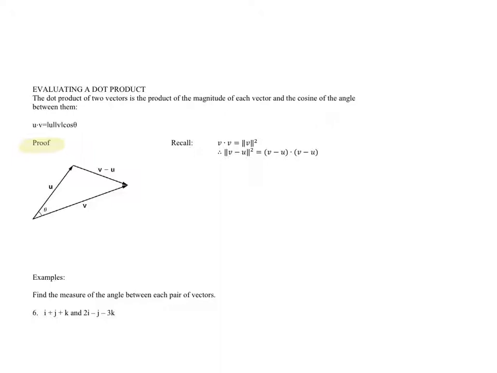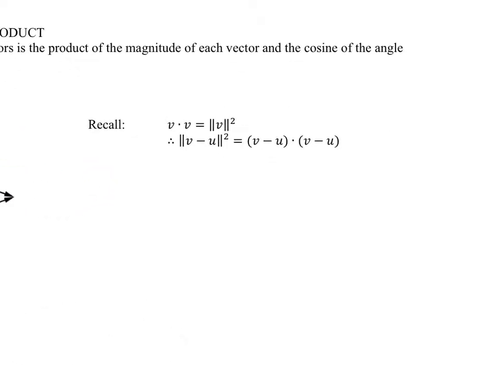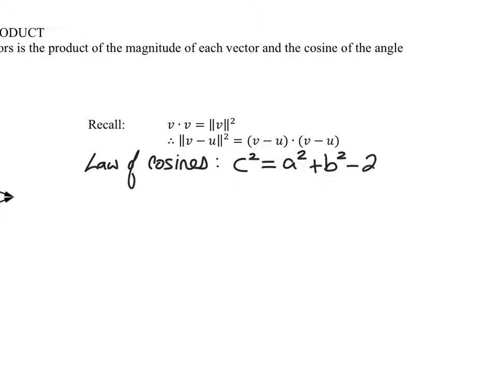So what we're going to do is use the law of cosines here, if you remember that. And I'll jot it down for you if you don't. Law of cosines. There are 3 different variations, but the one people remember the most is c squared is equal to a squared plus b squared minus 2ab cosine c.